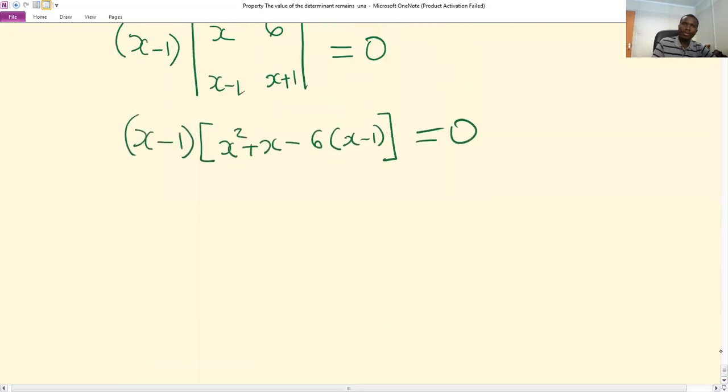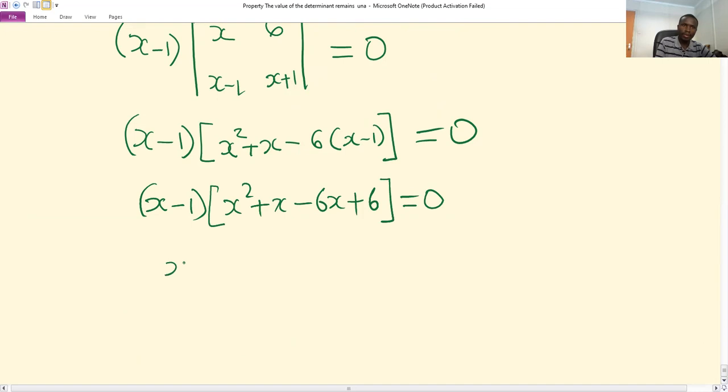So that gives us x minus 1 into x squared plus x minus 6x plus 6 equals 0. So x minus 1 into x squared minus 5x plus 6 equals 0.